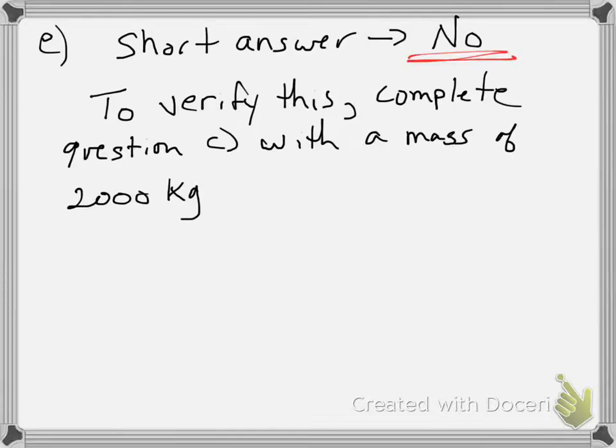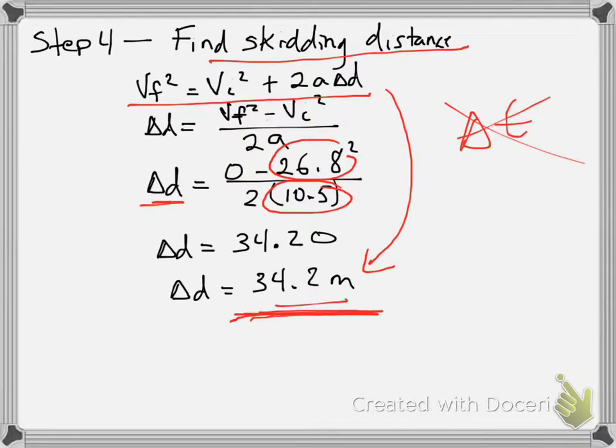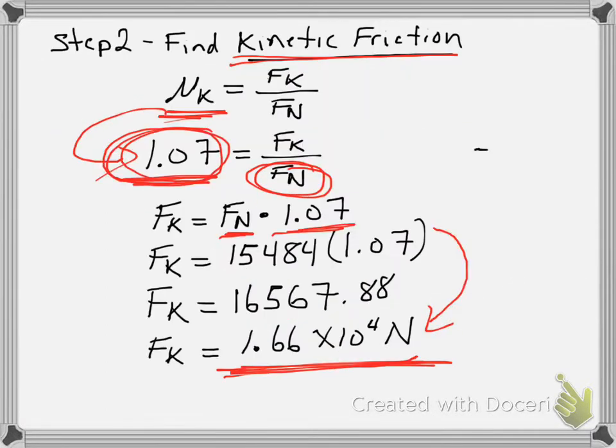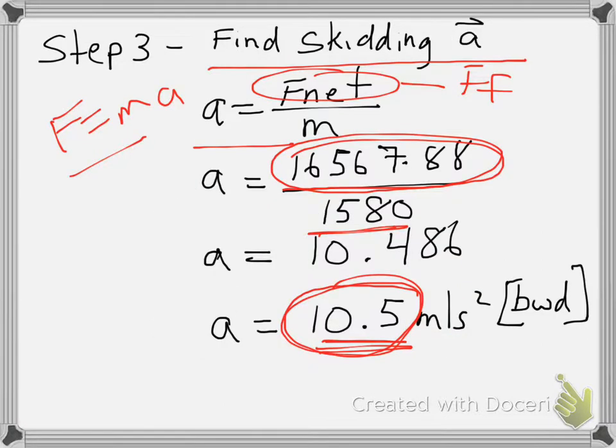And to prove this, what I would like you to do is go back to question C and then just change the mass, right? Change to 2,000 kilograms. And what you'll find is that when you do your initial calculation, if we go back a couple steps here, when you calculate your normal force, you're using that 1,580 kilograms, and then you end up dividing it out again.